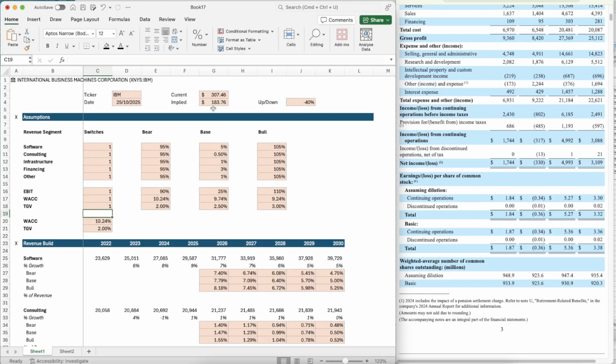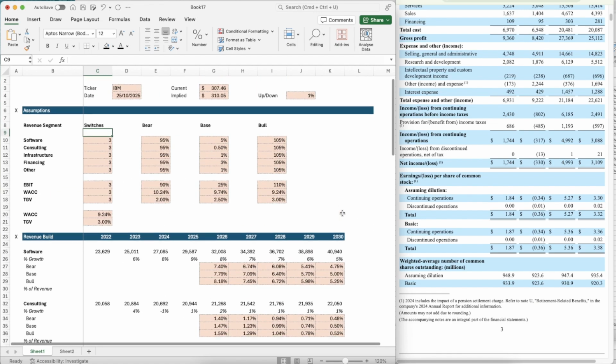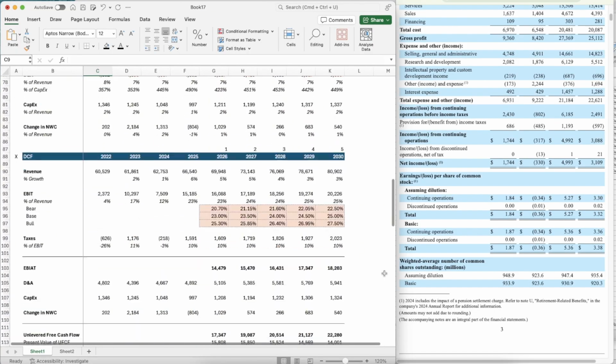But on a downside, $183 should the bear case scenario play out. So I guess people are trading IBM on a very bullish outlook for the company. So okay, cool.